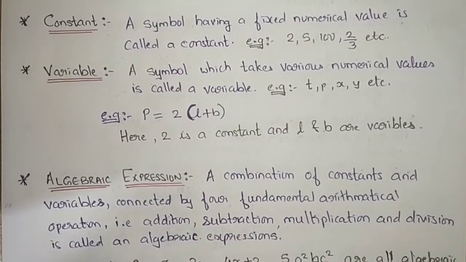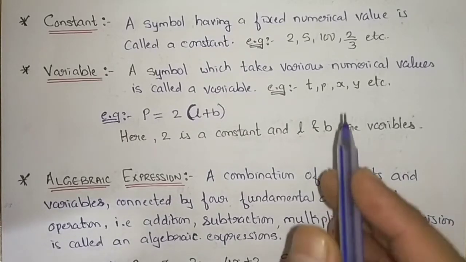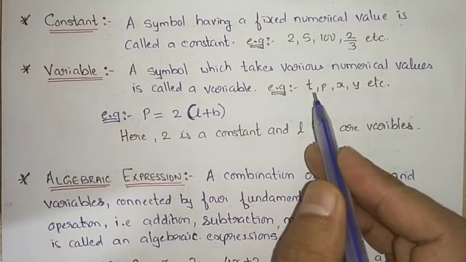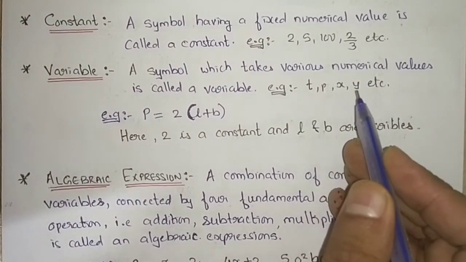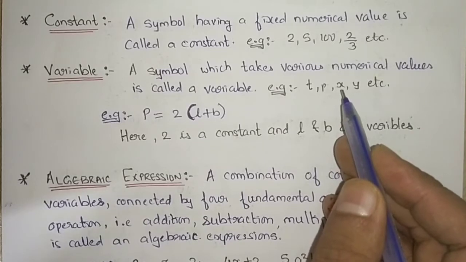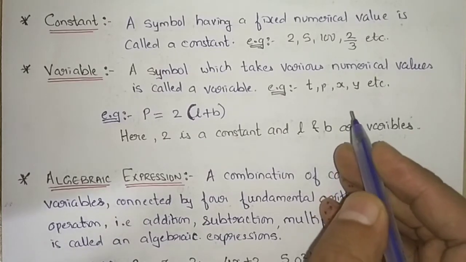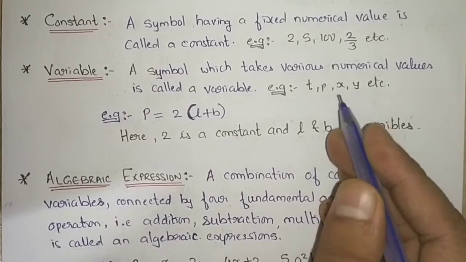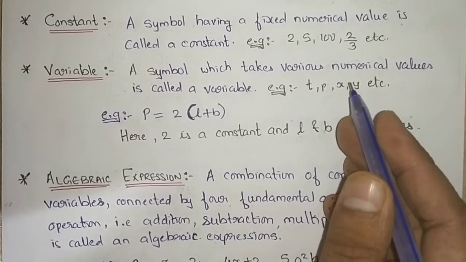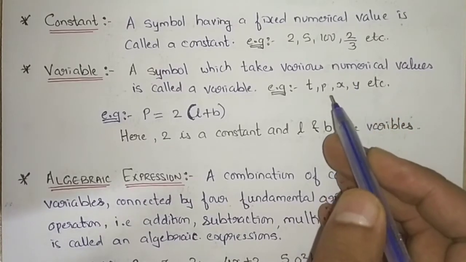Students, a symbol which can take various values, whose value we can change, is called a variable. For example, we take many a time t, p, x, y, these letters, for any number which is not fixed. It is called a variable.